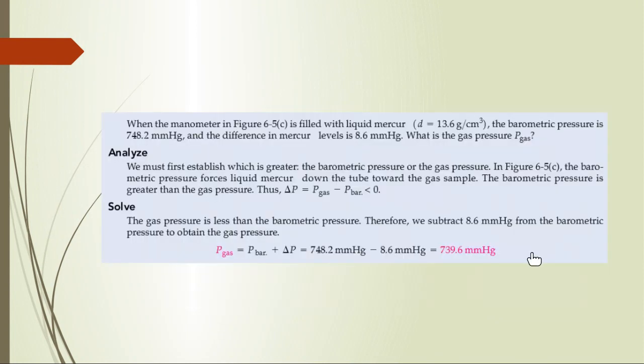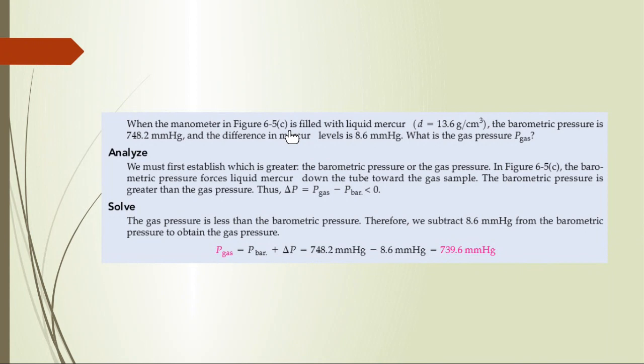Yes, let's think of an example about the manometer. When the manometer is figure 6.5C, that means less than. Don't forget that the gas is less than the barometric pressure. So don't forget delta P is smaller than zero.